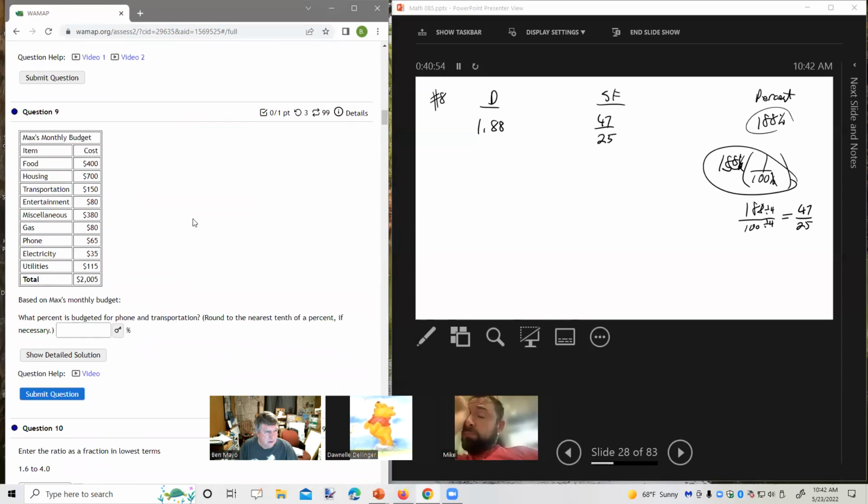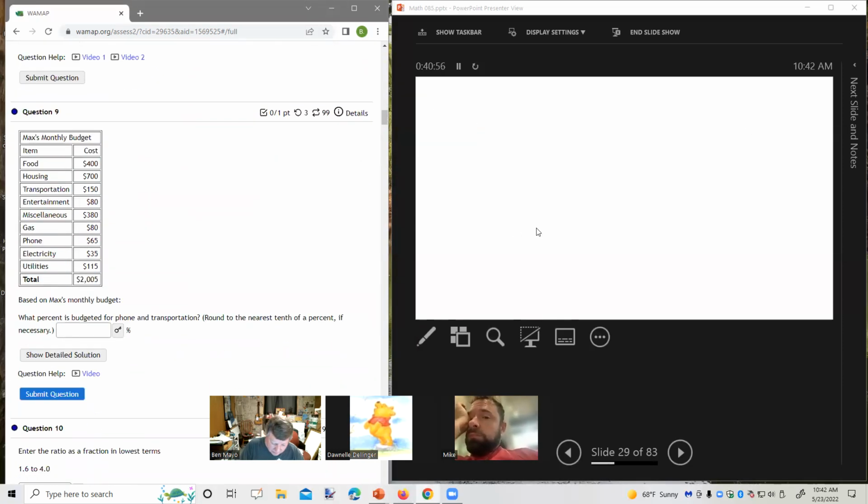All right, let's take a look at number 9. And again, I'm recording this, so you can always go back and look at it later again if you want. What percent is budgeted for phone and transportation? So phone is $65. Transportation is $150.